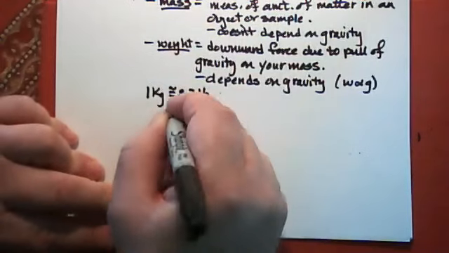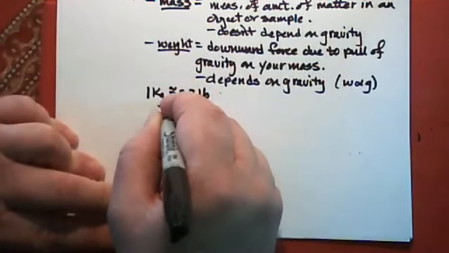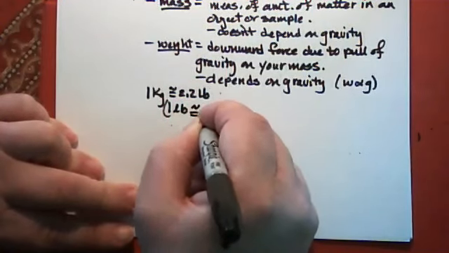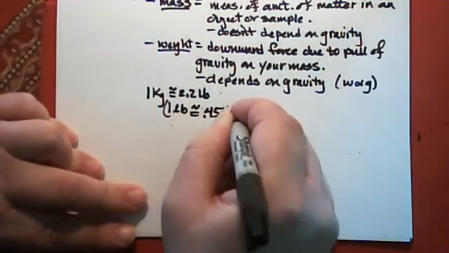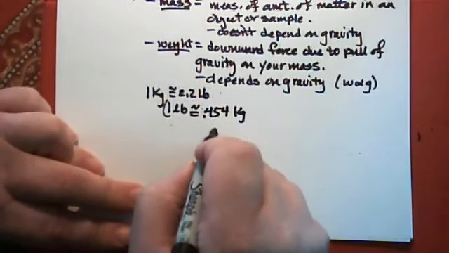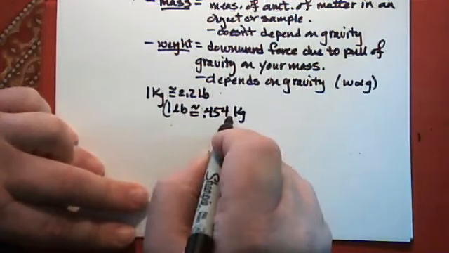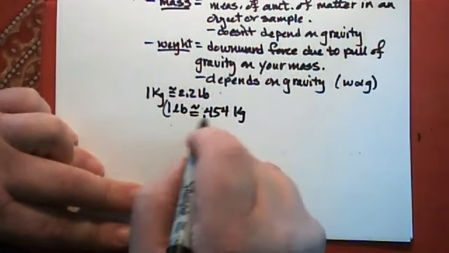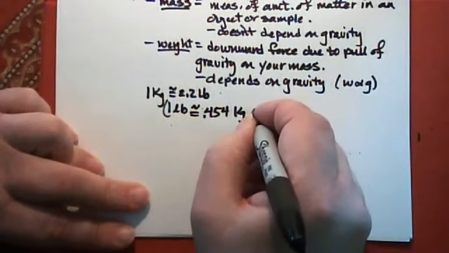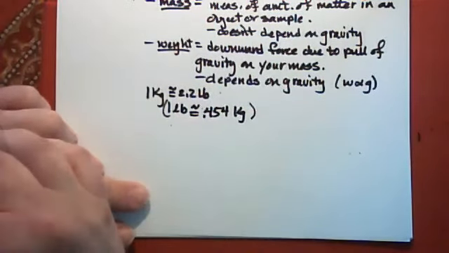What this means is that 1 pound would be equal to 1 over 2.2 kilograms, or in other words, 0.454 kilograms. 0.454 is just 1 over 2.2.